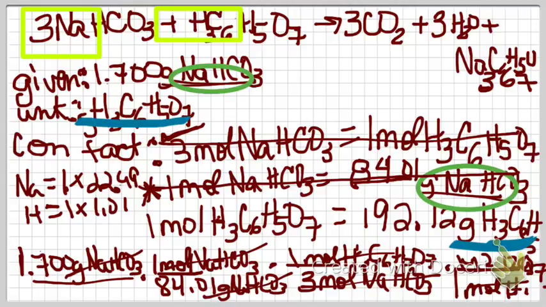Now I'm going to take my trusty calculator and type in 1.700 divided by 84.01 times 1, because this is where I am right here now. Then times 1 divided by 3, because that's in the denominator, times 192.12. And then I'm going to hit enter.